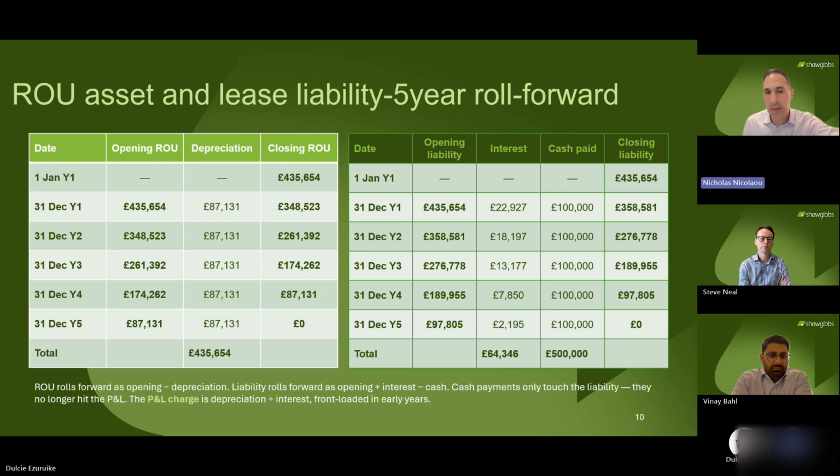And equally on the liability, you put through the interest based on that liability and deduct the cash you would have normally paid on your lease rentals. So as you see, they both neatly come down to a 0 liability, and then invariably you're either going to have a new lease and then you start this whole process again.